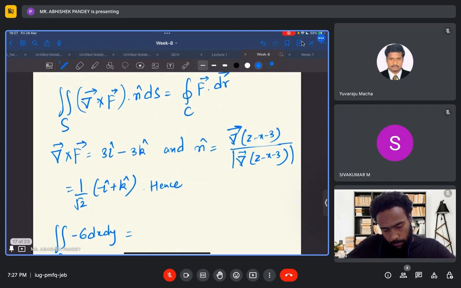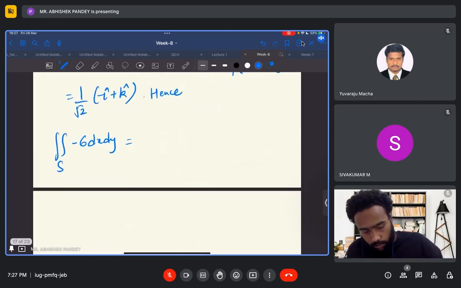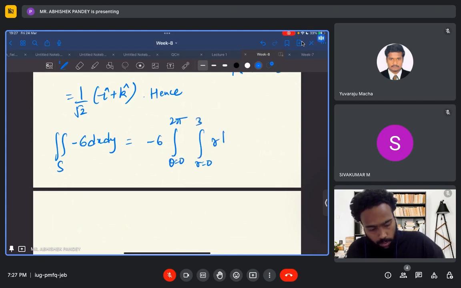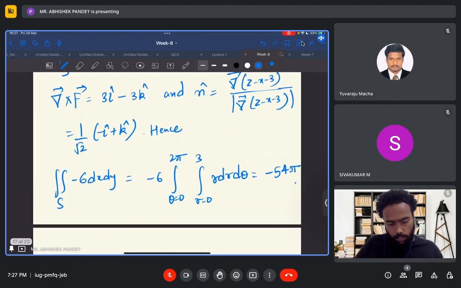Okay, so hence this integral is minus 6 dx dy, which is f dot dr. And this is nothing but minus 6, theta equals 0 to 2 pi, r equals 0 to 3, r dr d theta, and this I think is 54 pi. I hope this one is clear.